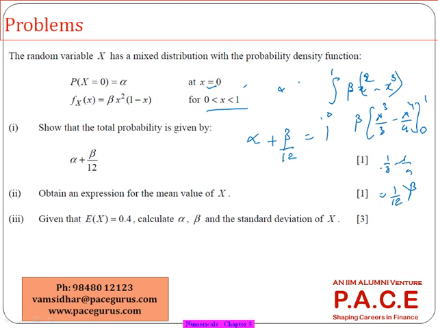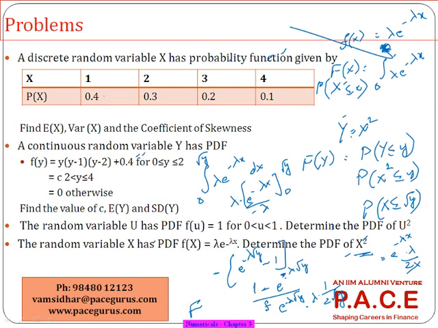For a discrete, there is no integration. So cumulative in this case is nothing but 0.4 plus 0.3, 0.7 plus 0.2, 0.9 plus 0.1. So there is no integration involved in discrete. So it's as good as saying F of 1 is equal to 0.4, F of 2 is equal to 0.7. That's the thing which occurs with a discrete scenario.